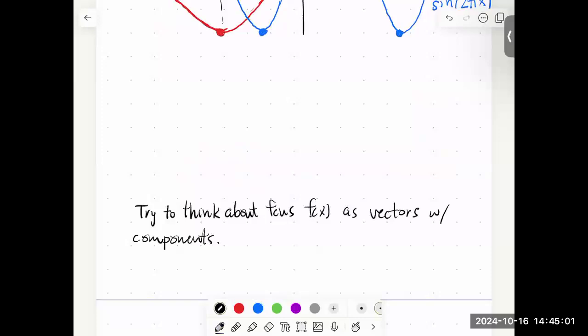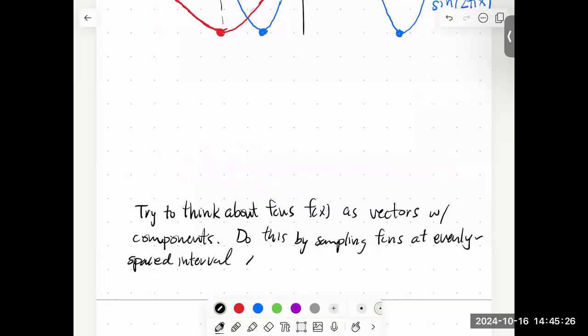We're going to discretize our functions, or sample our functions, at evenly spaced intervals of delta x. So we do this by sampling functions at an evenly spaced interval delta x.